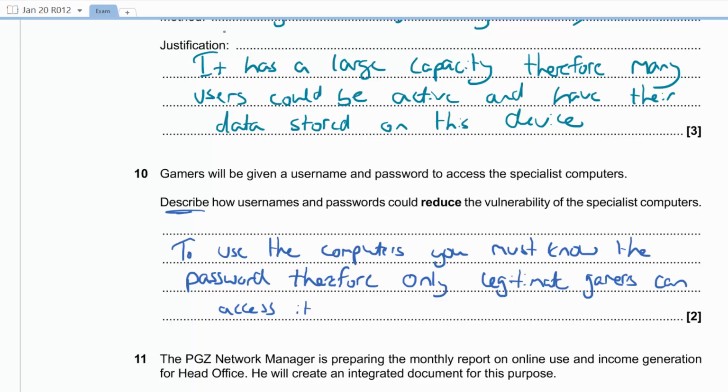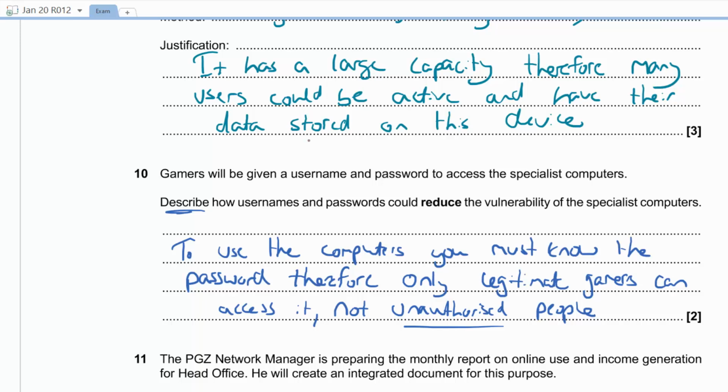We want it to be some restriction is the idea, some limitation of people who can access it. So maybe to be more clear, to be sure we're getting our 2 marks, we could say not, and use a good keyword here, unauthorized people. So someone who's unauthorized doesn't have access to that password, they're not allowed to use the computers. And having this authentication means they can't just join and use it without permission.